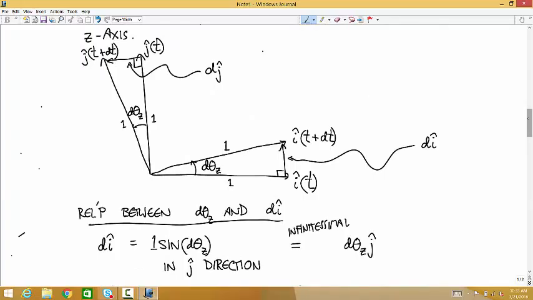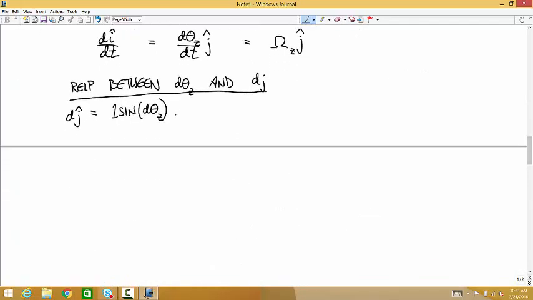Negative i. Yep, exactly. Small angle approximation gives you that this is equal to d theta z times i, and it's in the negative i direction, so negative.